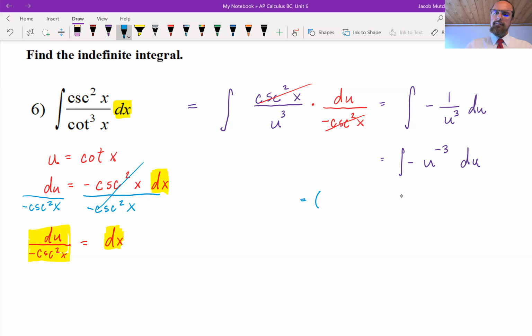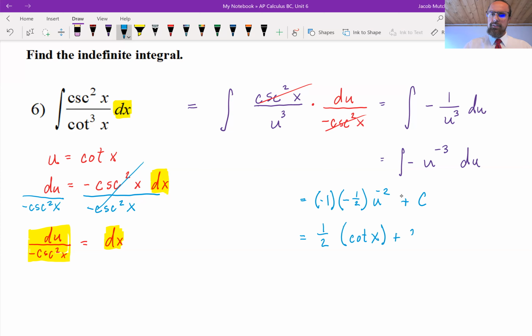So that's going to be negative 1 from that negative sign out front. If I add 1 to negative 3, that's negative 2. So it's going to be 1 over 2. In fact, negative 1 over 2, u to the power of negative 2, and then plus c. We can simplify here by combining my coefficients. That's basically going to become positive half. And then I can substitute back in my u. So I defined u again as cotangent of x.